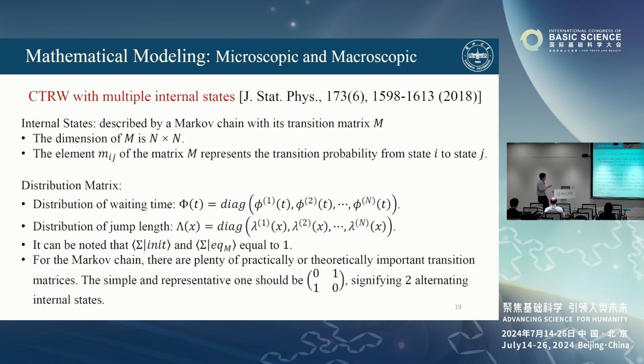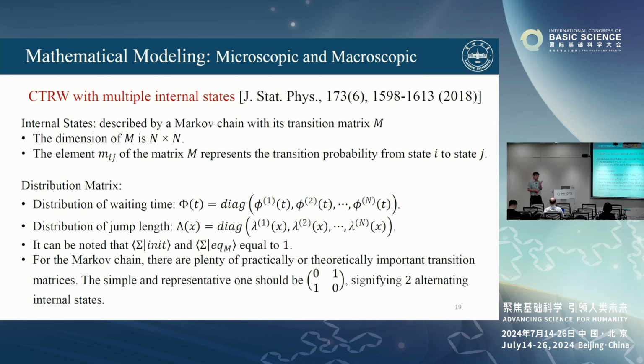Another one is the process with multiple internal states. It implies that when we do the time change, we use a Markov chain to make a choice when the particle renews. When it needs to renew, we have several choices of different distributions to follow.